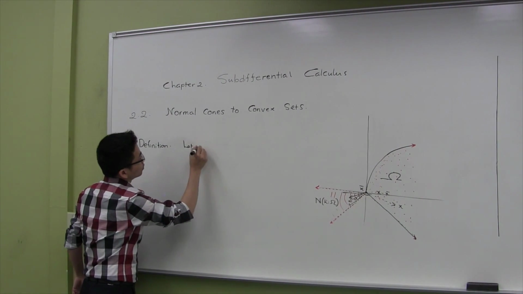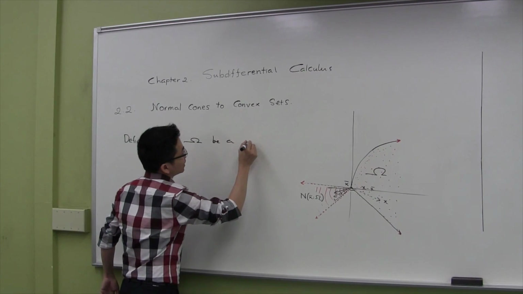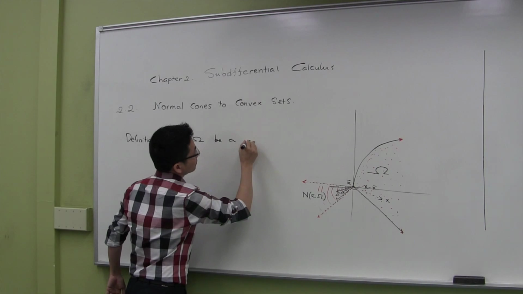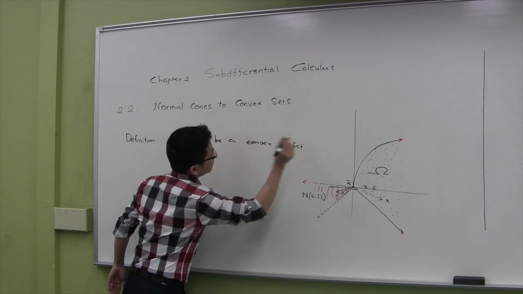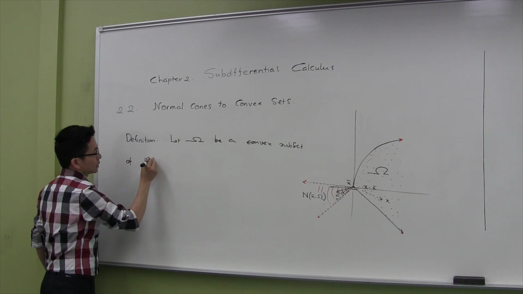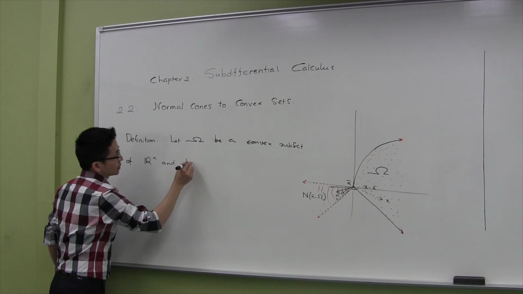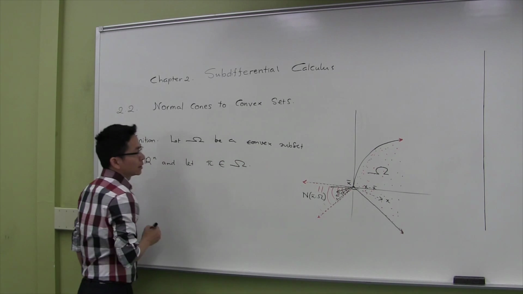Let omega be a convex subset of R^n, and let x bar be a point in omega.